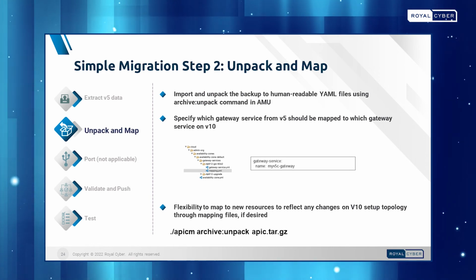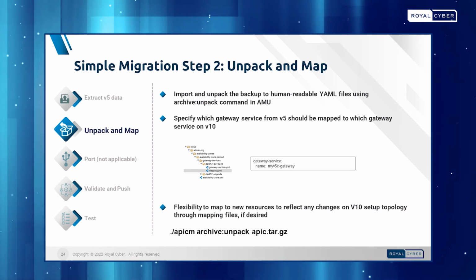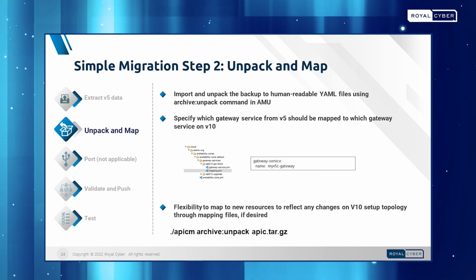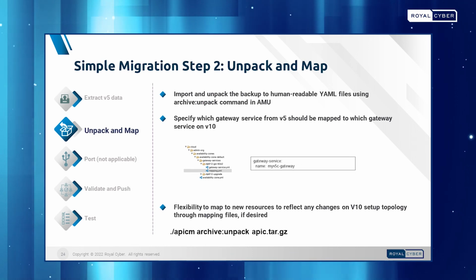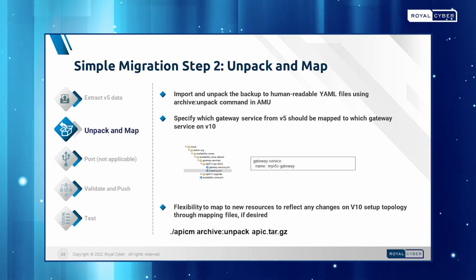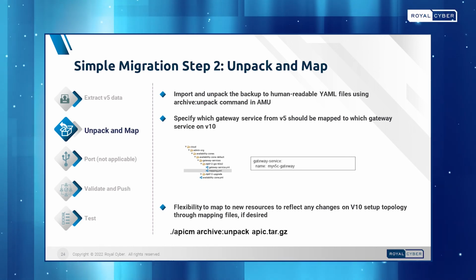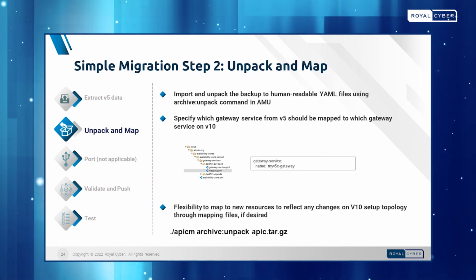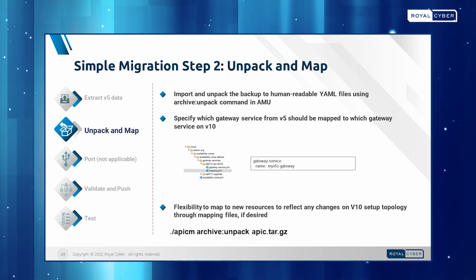Now there's the developer portal user registry. If you are using that feature, then you need an additional extract. But what I'm explaining is doing unpacking without the developer portal user registry.